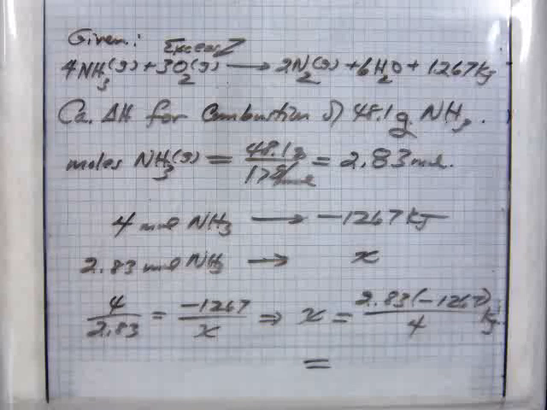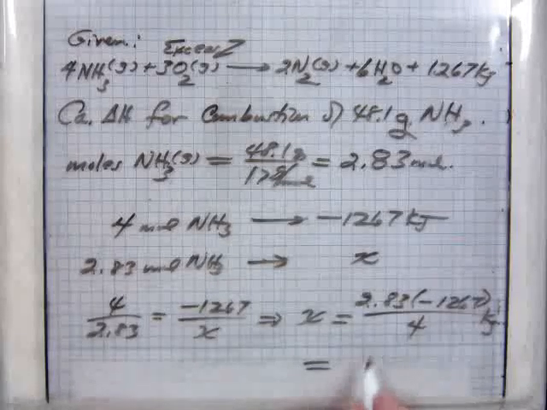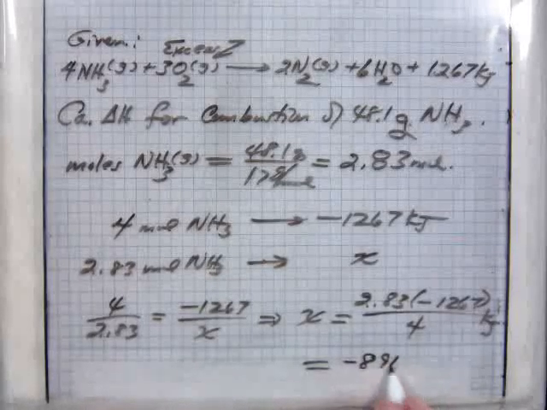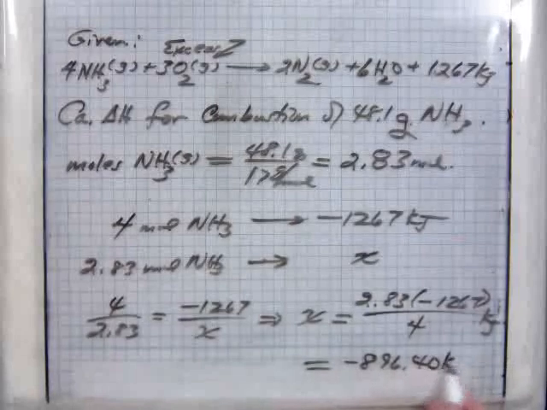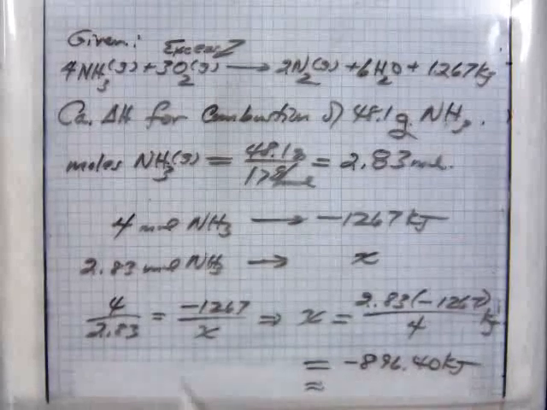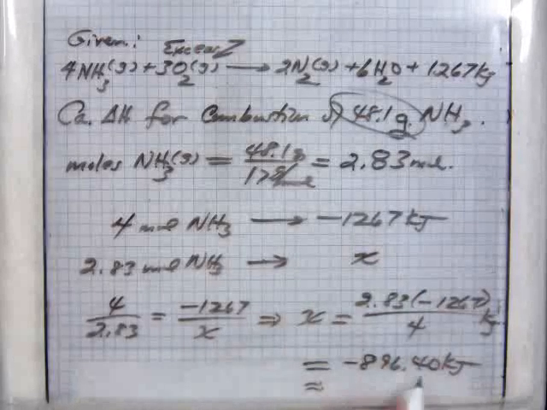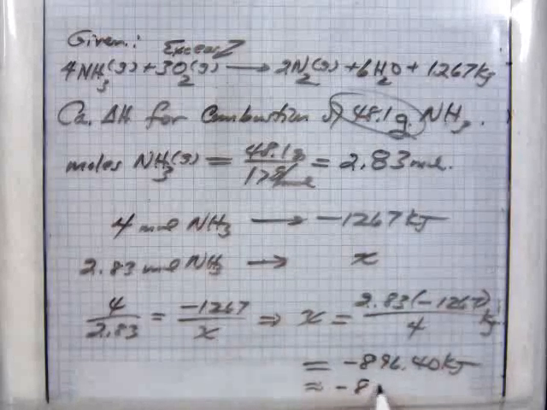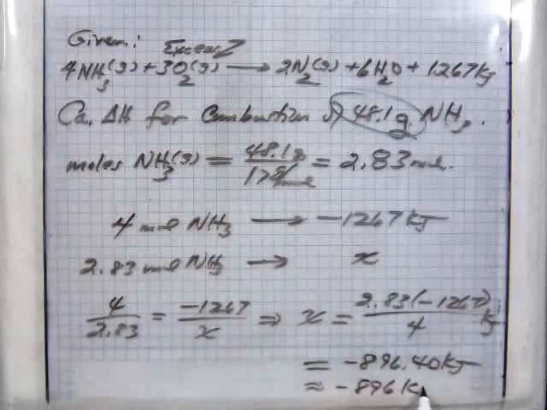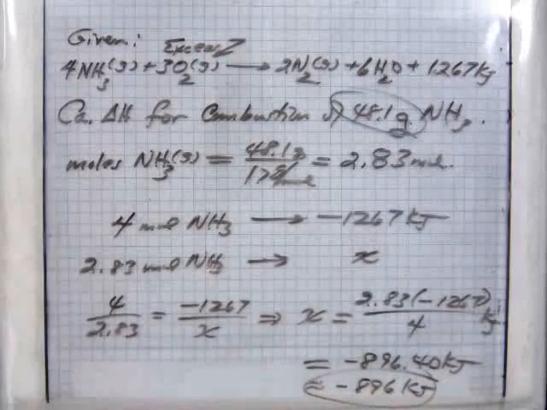I got 896.40 kilojoules, which based on 3 sig figs, we should have negative 896 kilojoules as the appropriate answer.